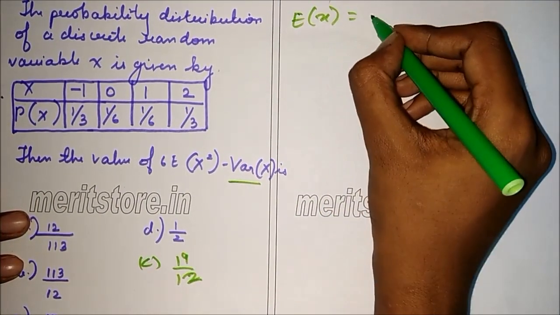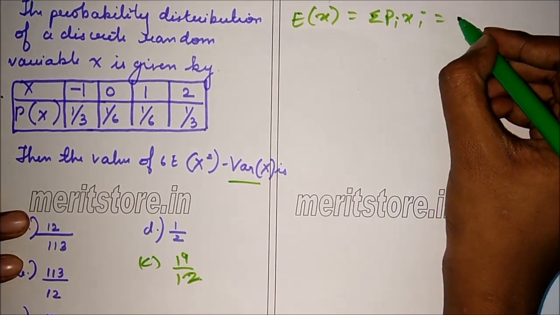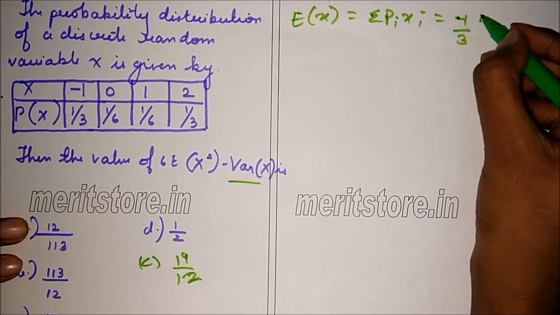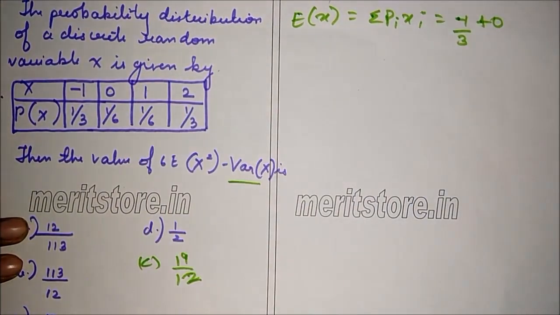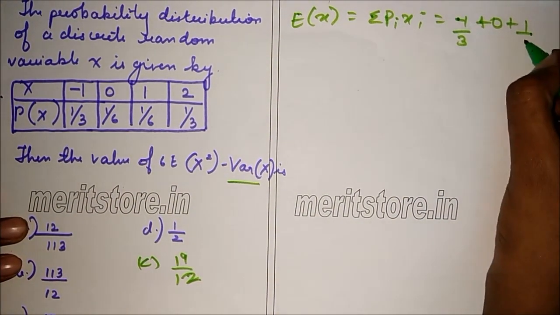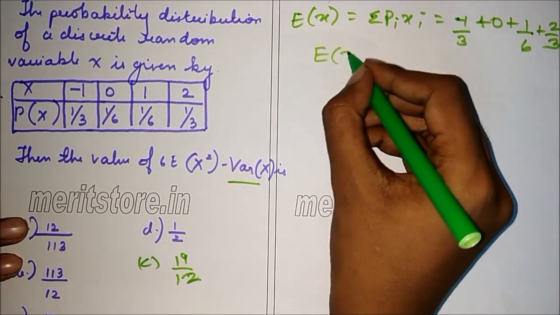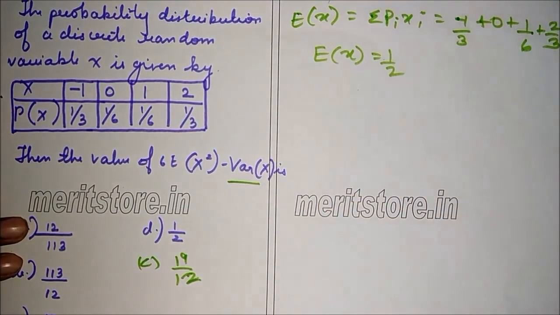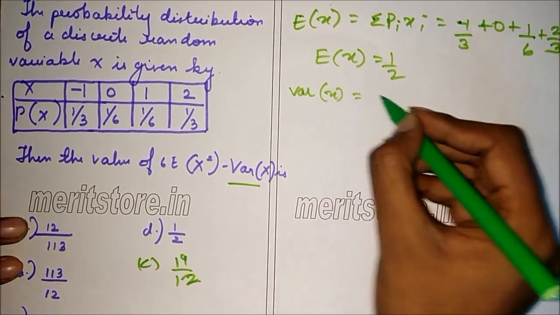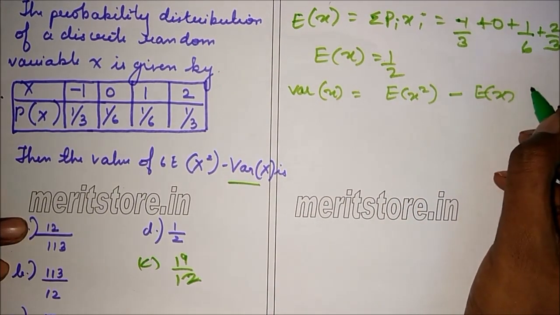So E of x will be summation pi xi, which is equal to minus 1 into 1 by 3, that is minus 1 by 3, plus 0 into 1 by 6, that is 0, plus 1 into 1 by 6, that is 1 by 6, plus 2 into 1 by 3, that is 2 by 3. So E of x is 1 by 2. Now variance is E of x square minus E of x the whole square.